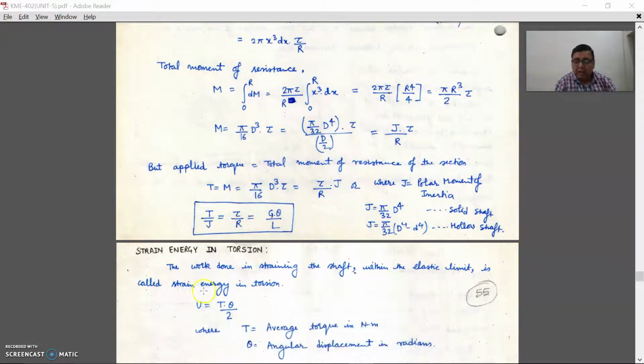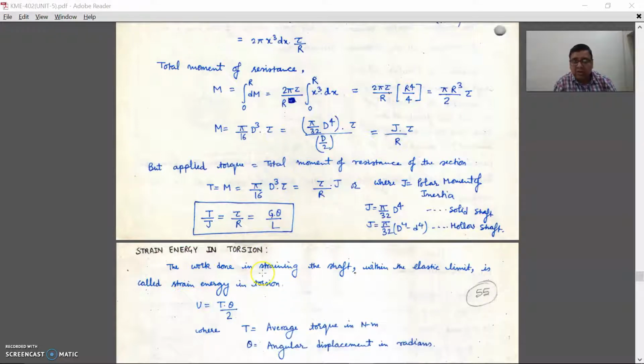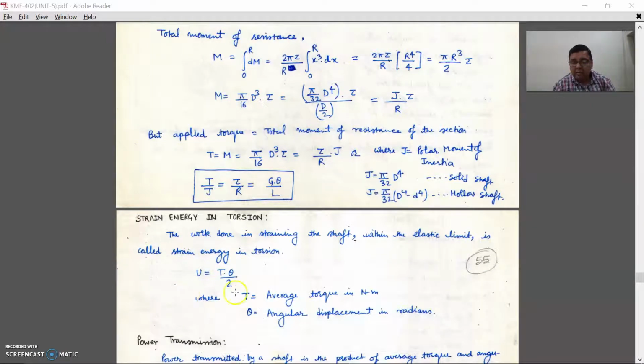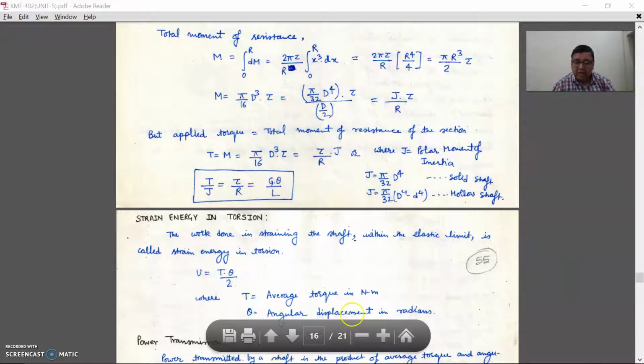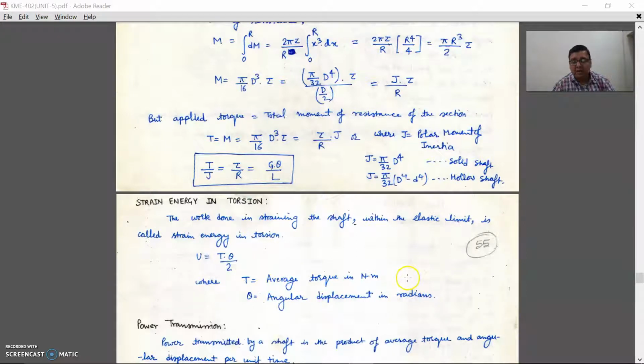Okay. Then the next very important topic is strain energy in torsion, and as we already know, the work done in straining the shaft within the elastic limit is called strain energy in torsion. Just like the formula derived in the same manner as in the case of force, U is equal to half into T into theta, where theta is the angular displacement in radian and T is the average torque in Newton meter, right?